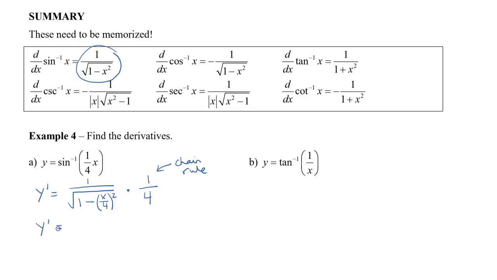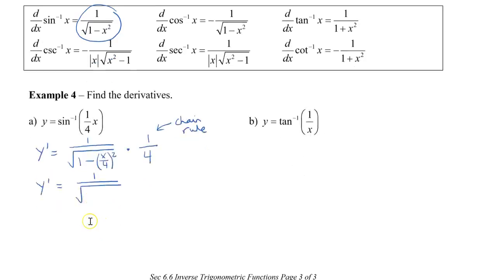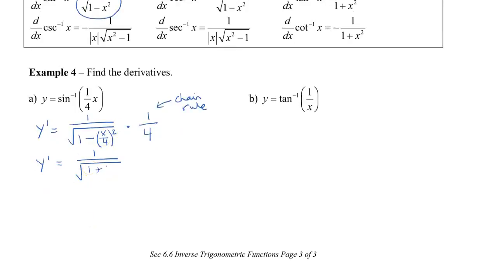Okay, so now to simplify, we get 1 over square root of 1 minus x squared over 16. And this 4, I'm going to put it in the front here. So now y prime is 1 over 4 times 1 over the square root of 16 minus x squared over 16.